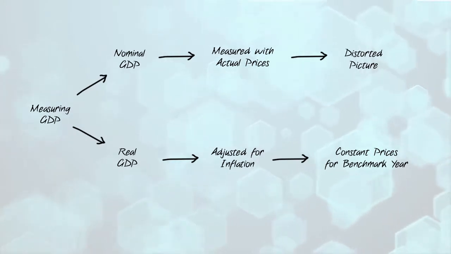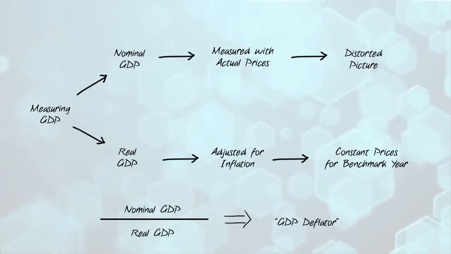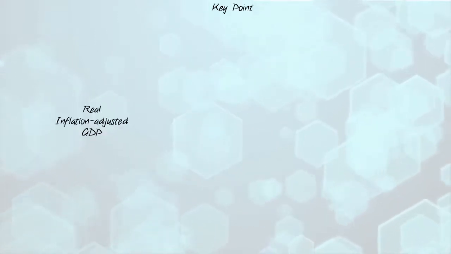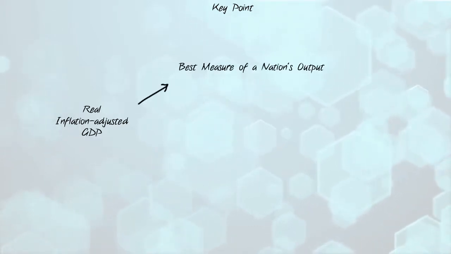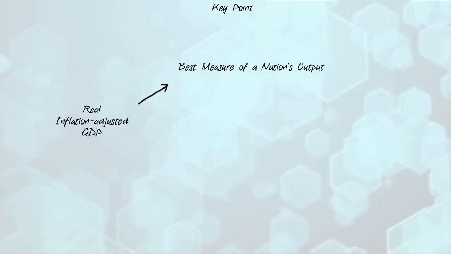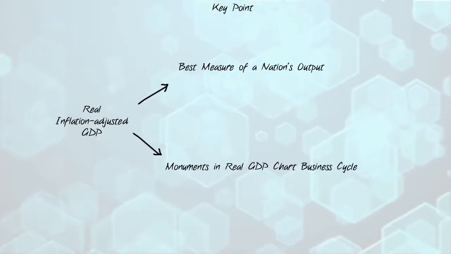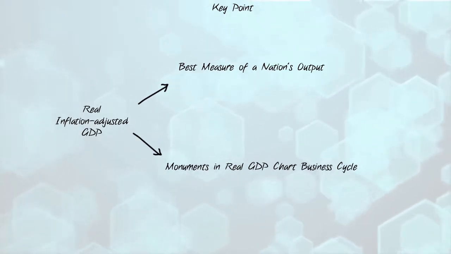Moreover, when we divide nominal GDP by real GDP, we obtain the GDP deflator, another valuable inflation index. Now here's a key point. Real inflation-adjusted gross domestic product is the best widely available measure of the level and growth of output in the economy. In addition, the movements of real GDP serve as the carefully monitored pulse of a nation's economy.